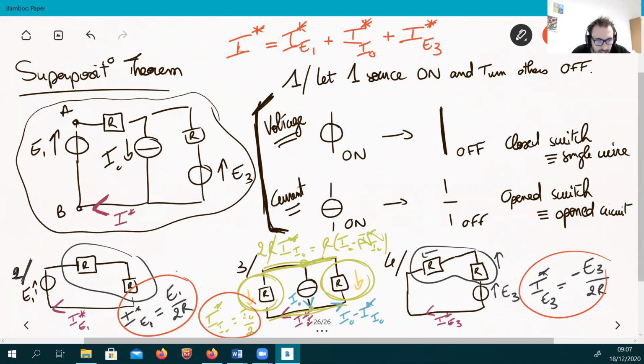But if you use the superposition theorem, then you face simple circuits, quite easy to handle, and you reach the final result super easily. Okay? Do you have questions on this superposition theorem concept?